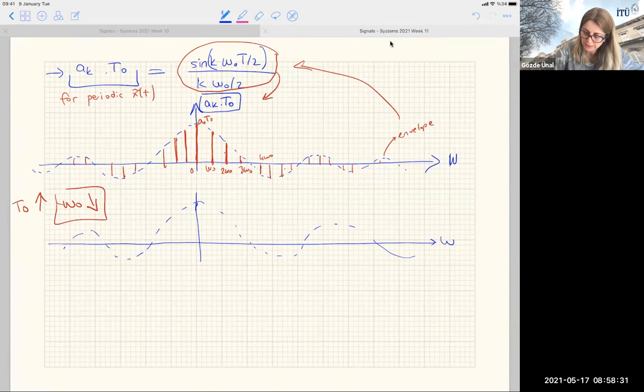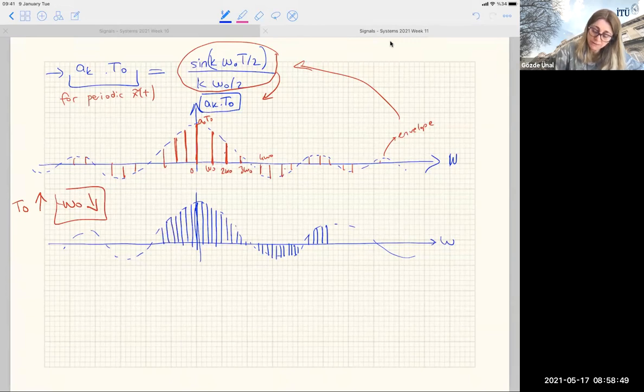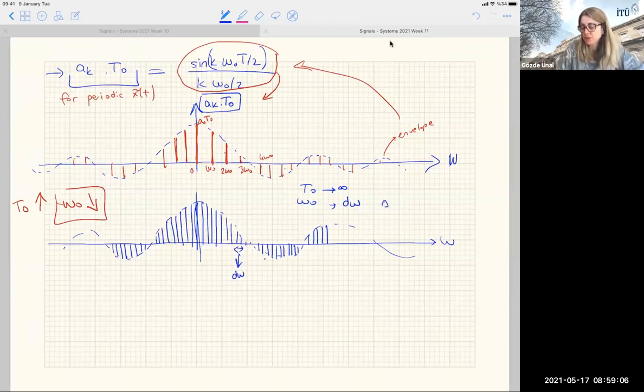The goal is to see what is happening for a non-periodic signal. I'm pushing the period to infinity, so it's becoming a non-periodic signal. As T0 goes to infinity, ω0 will be like my differential, this delta ω, so this is really becoming my continuous variable.